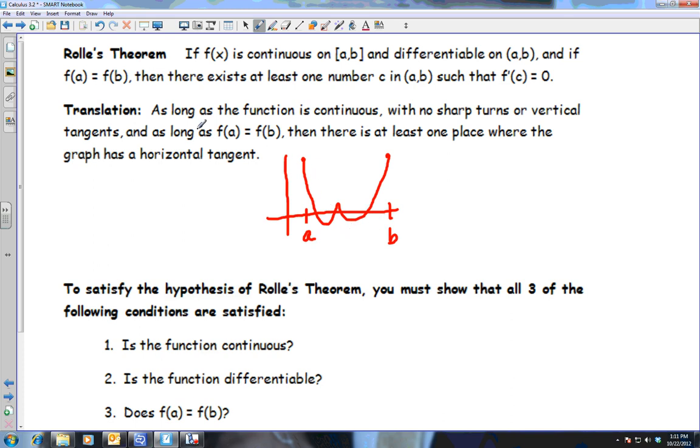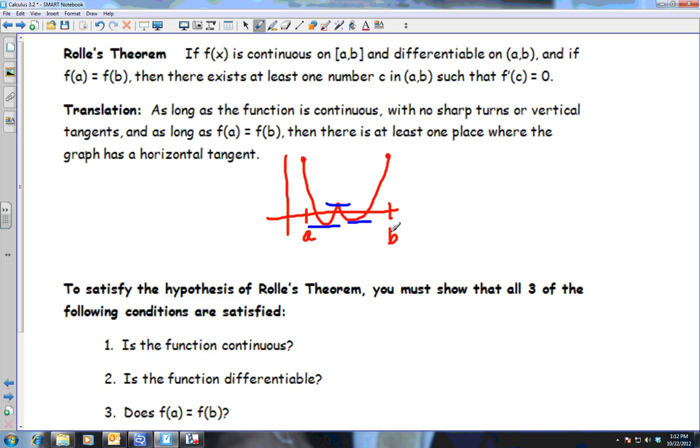So here's what it says. As long as the function is continuous with no sharp turns or vertical tangents, and as long as f of a, so this endpoint, equals this endpoint, then there is at least one place where the graph has a horizontal tangent. So in this one, whoops, I actually have 3 horizontal tangents. One right here, one right here, and one right here.